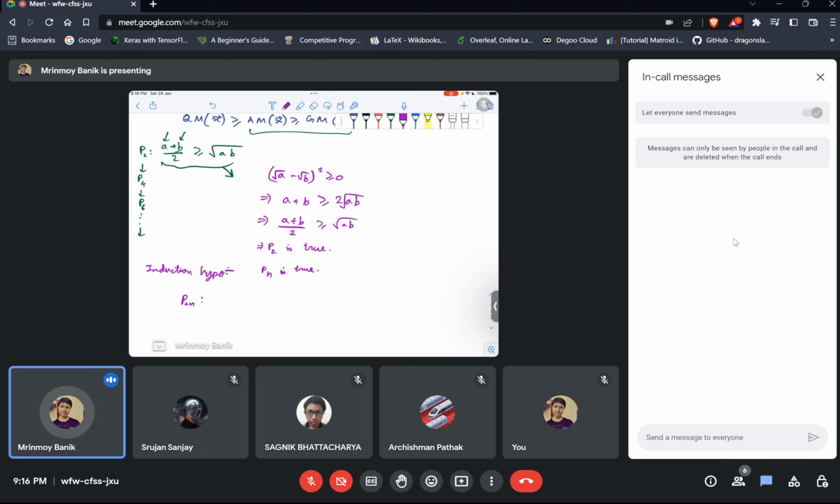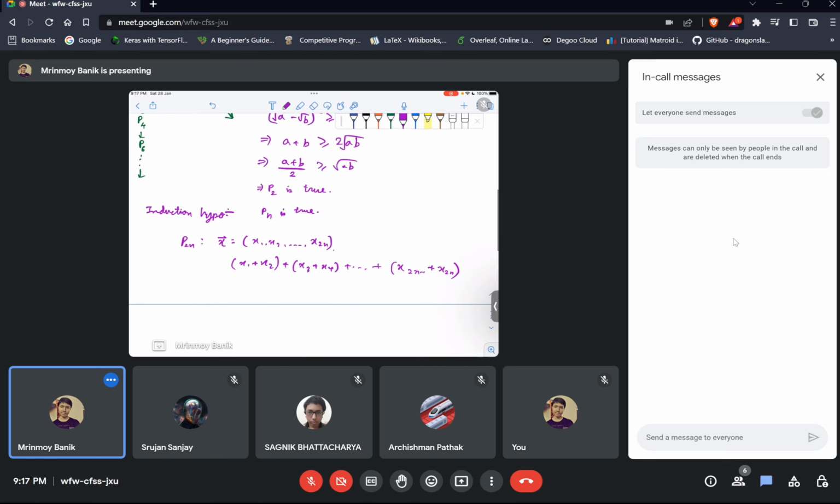P2n has these observations. The vector x now has x1, x2 up to x2n, and we can pair them up like x1, x2, x3, x4, like that up till x2n minus 1, x2n. So this is the sum.